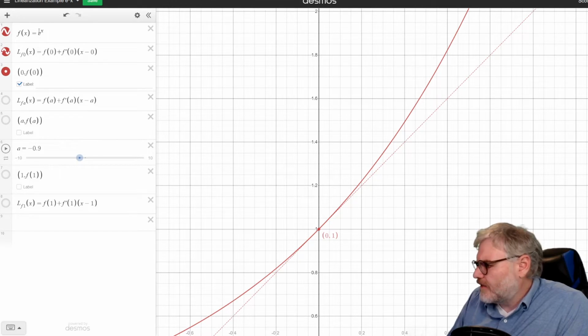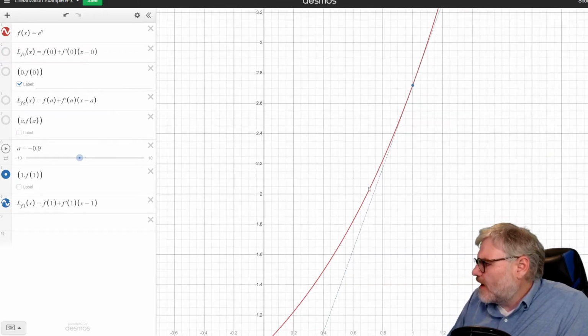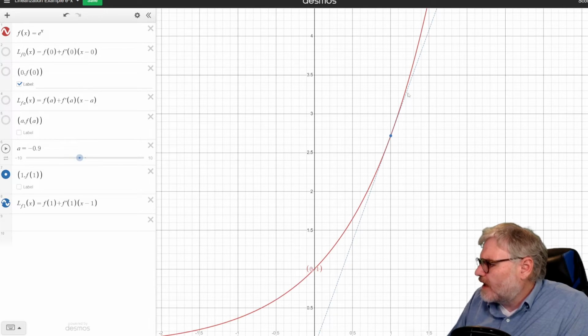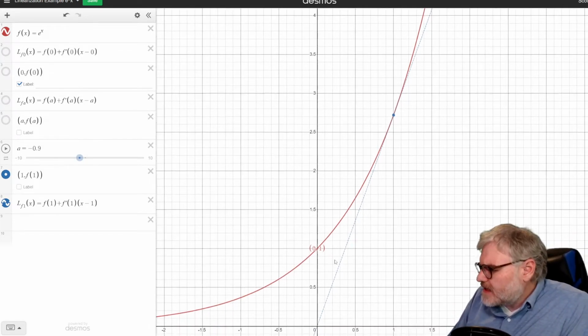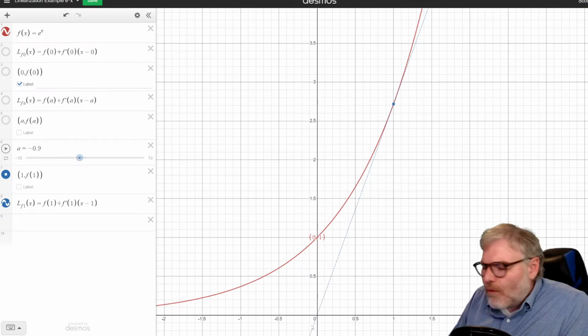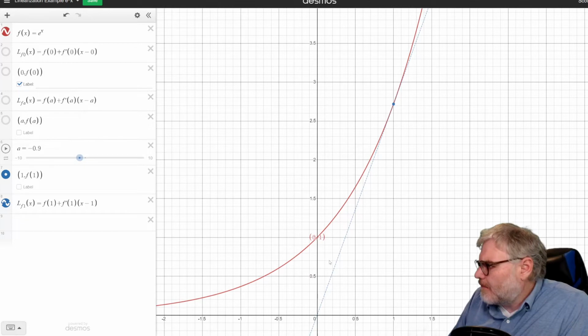Okay, that's for e to the x. Now, I can do others. So let's look at, if I did it for 1, let's turn these off. If instead I wanted my point to be centered on 1, this is what my estimator would be. And notice my estimator for 1 would be horrible for 0. If I'm estimating near 0, it's kind of bad. But if I'm estimating around 1, it's pretty good.